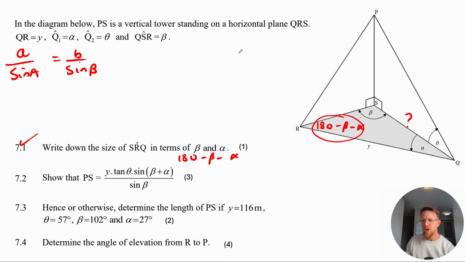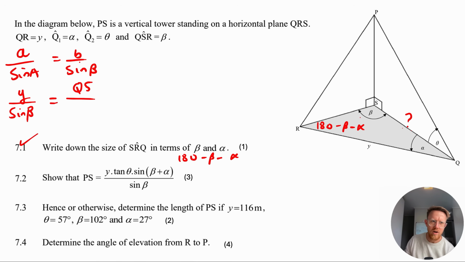Okay, so I'm going to take this one over this one. So y over the sin of its angle, which is beta, equals QS, which is what we are trying to find, over the sin of its angle, which is 180 minus beta minus alpha.